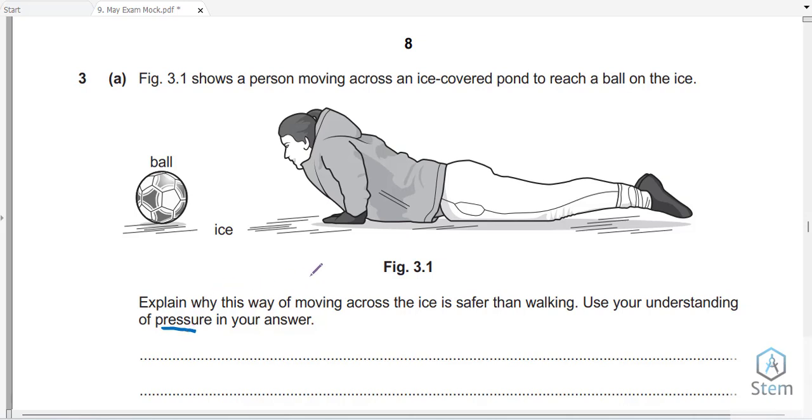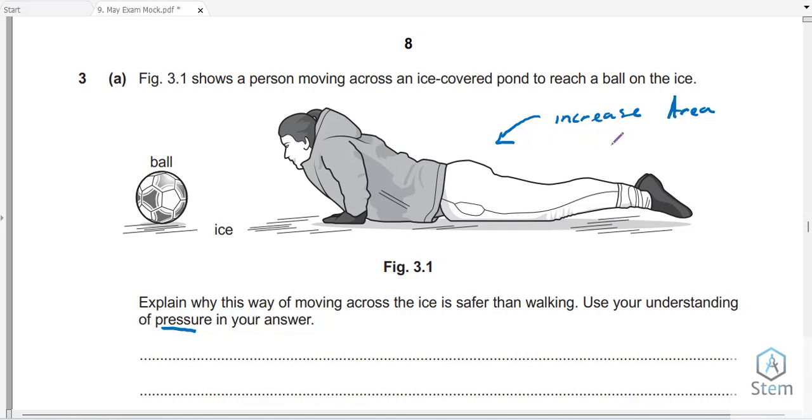Now, when you look at what's going on here, the person is trying to increase their cross-sectional area. And why is it necessary to increase the cross-sectional area? Because they are walking on top of a fragile medium.